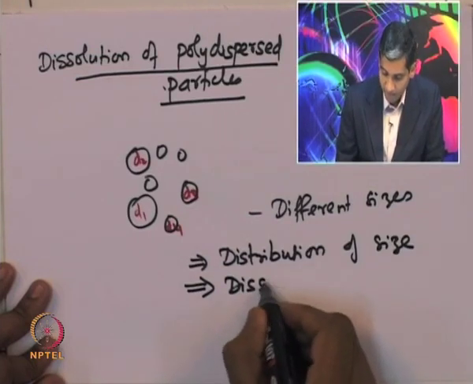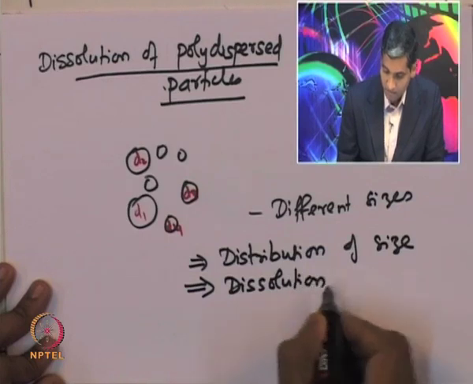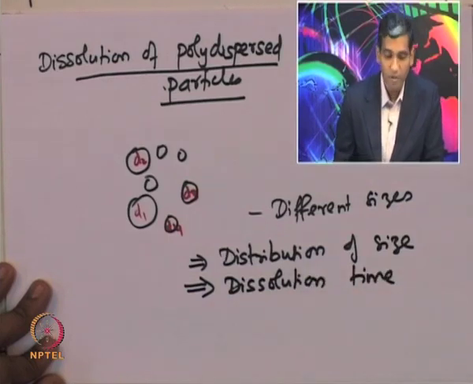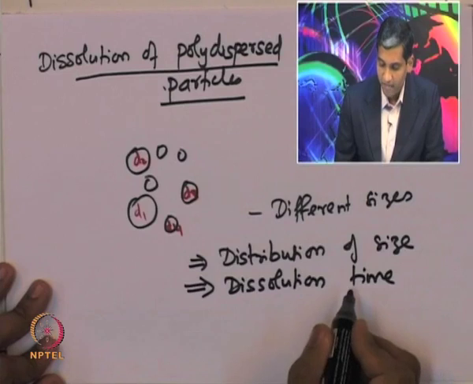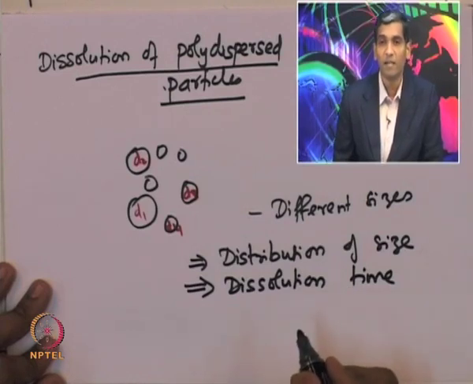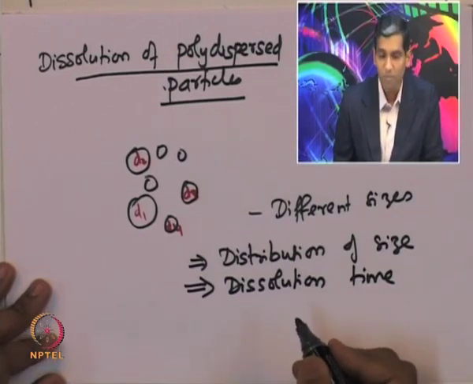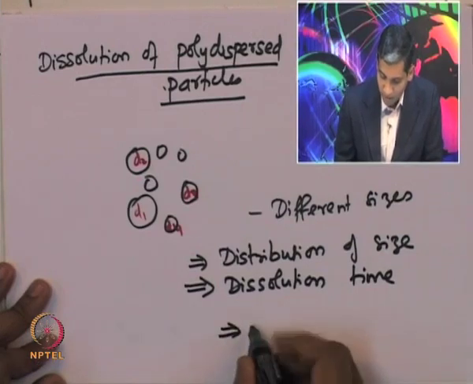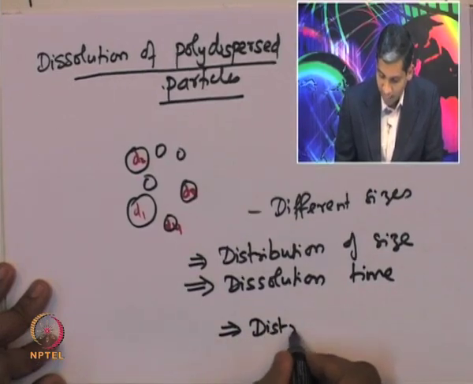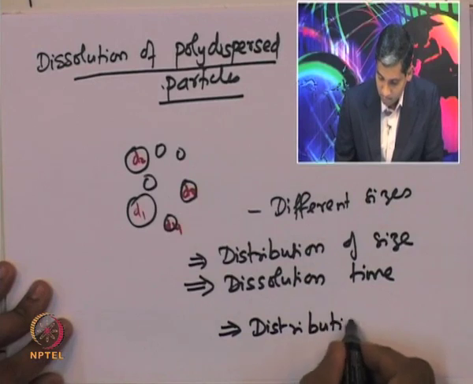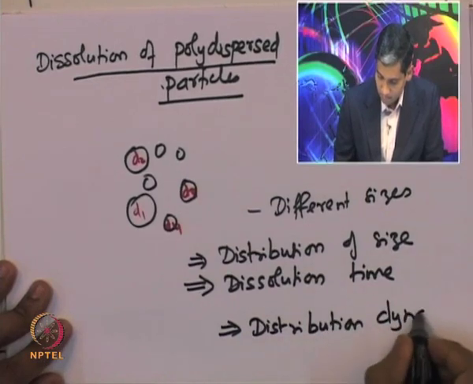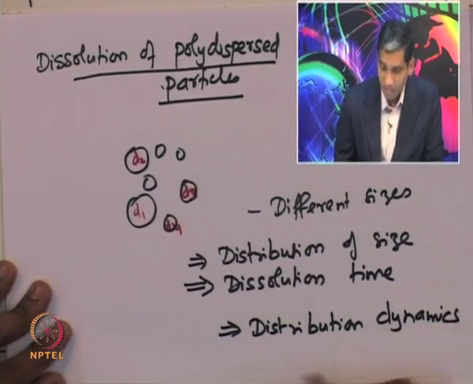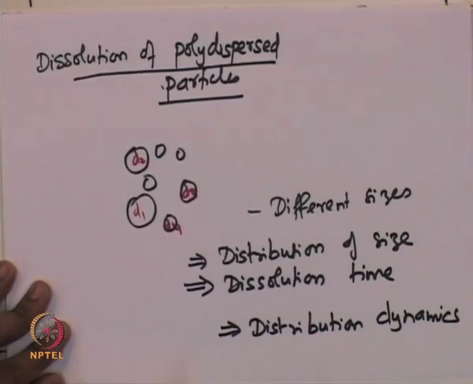The objective is to find the dissolution time, and in order to find the dissolution time for particles placed in a certain distribution, one needs to follow the distribution dynamics. So, the distribution dynamics have to be followed.